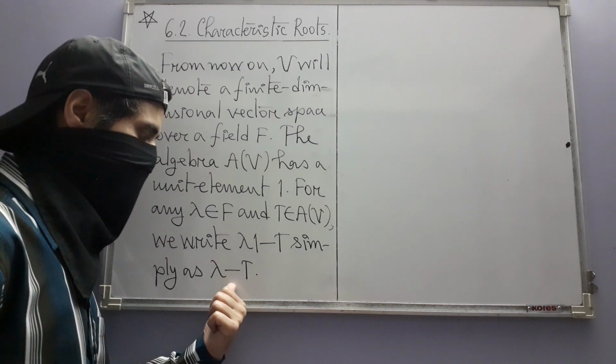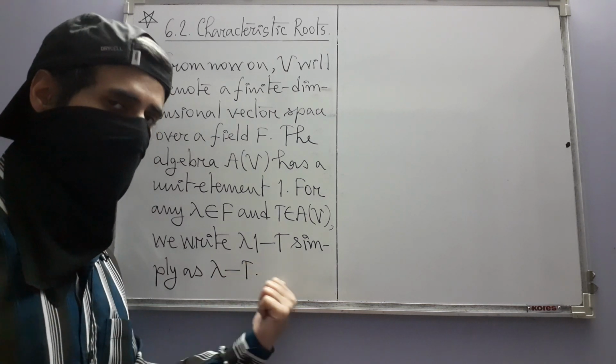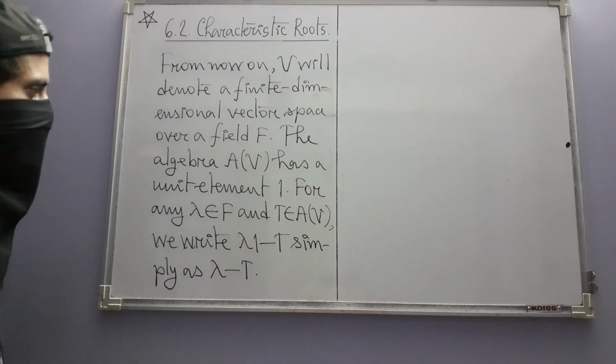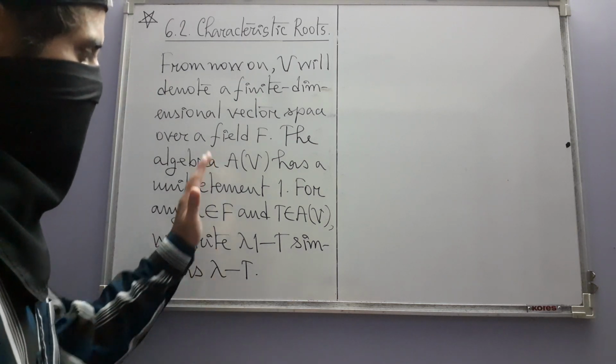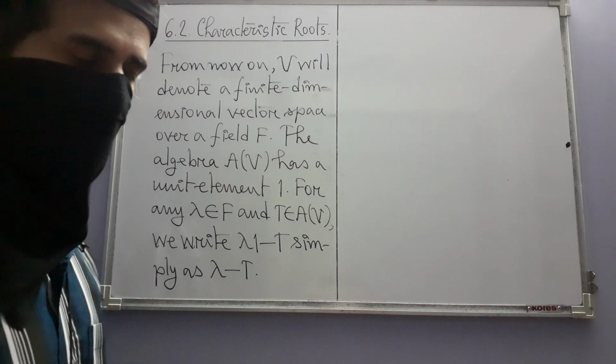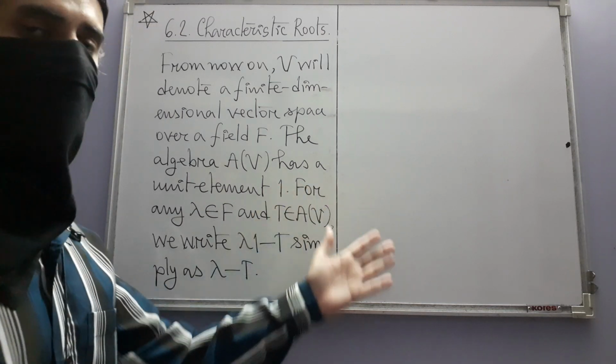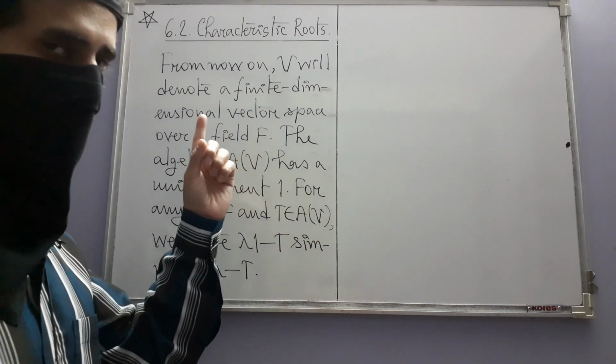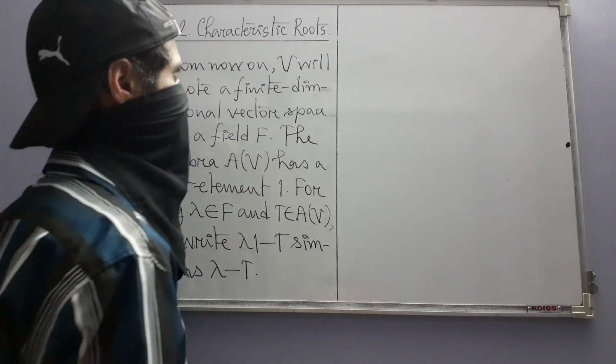But when you see this, it's going to mean this actually. Alright, so with all these notations and conventions, let us start the section with the definition of characteristic roots.